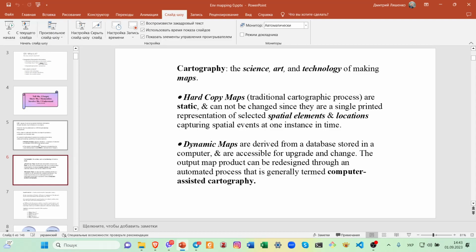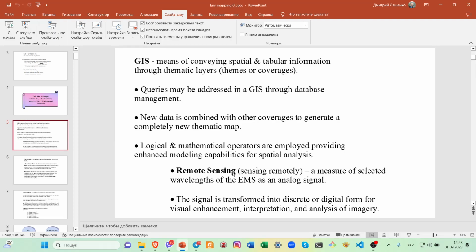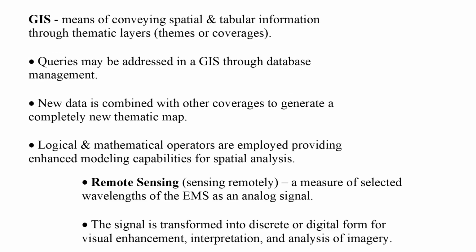Well, so nowadays remote sensing is the use of digital information about the Earth's surface that we get from different sensors that stay remotely from the Earth's surface.